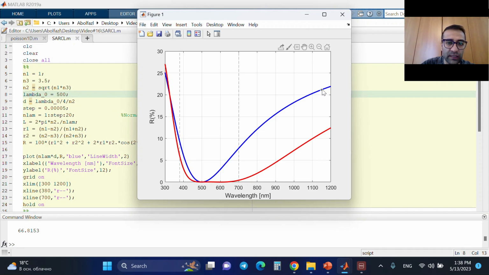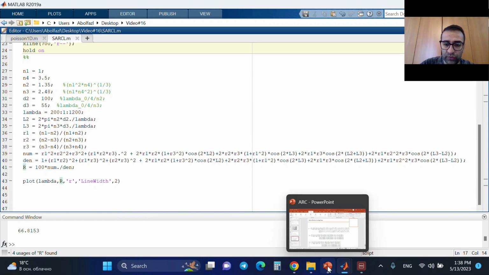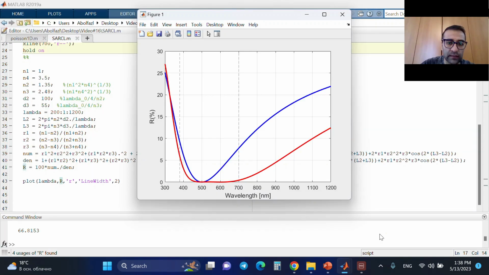Let's put it again to 500, and by pressing F5, this blue curve shows the reflectivity for the single layer, and this red curve shows the reflectivity for the double layer, when the refractive index values for the different layers are 1.35 for the second layer, 2.48 for the third layer, and 3.5 for the fourth layer.